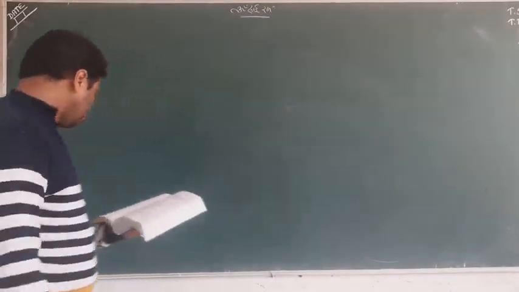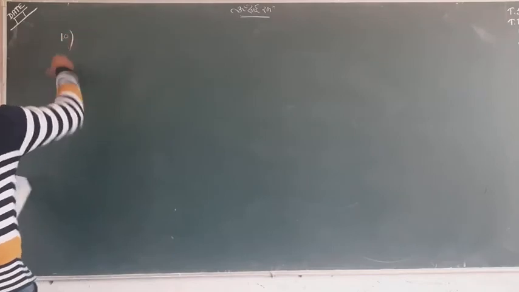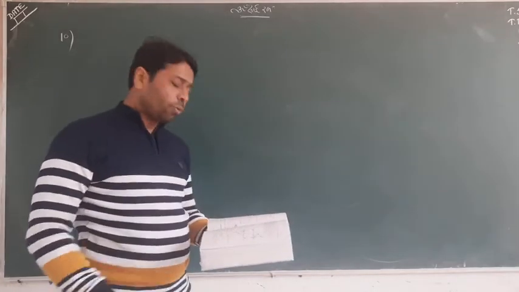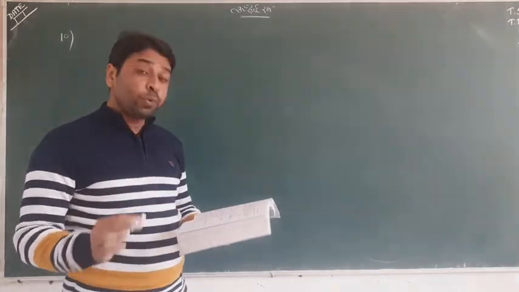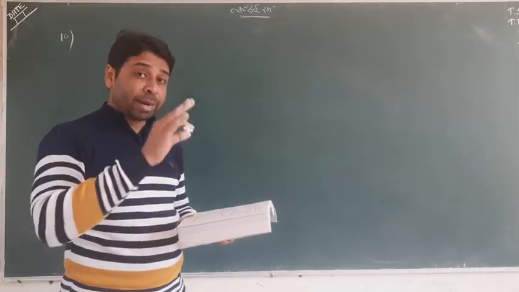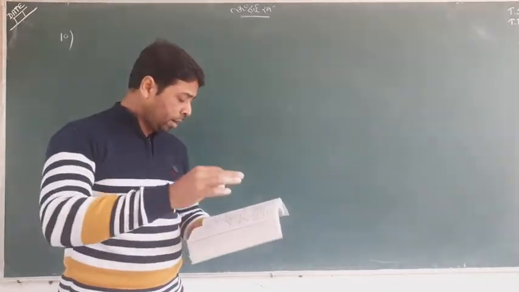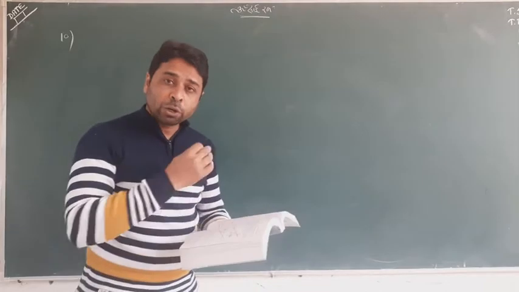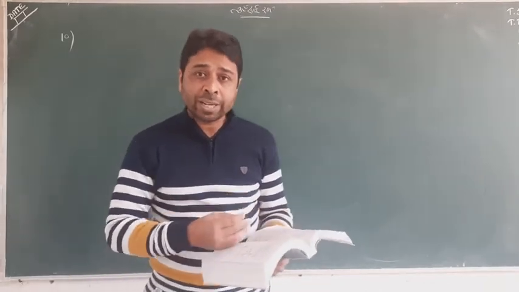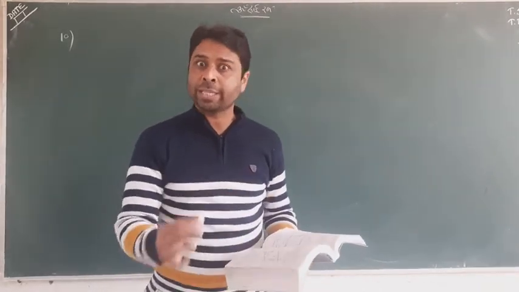9th and then after that 10th. Question number 10 says, you can read the question. Find the equation of the line which makes intercepts minus 3 and 2 on the x-axis and y-axis. Now when you read the question, you can understand that intercepts on both axes are given.